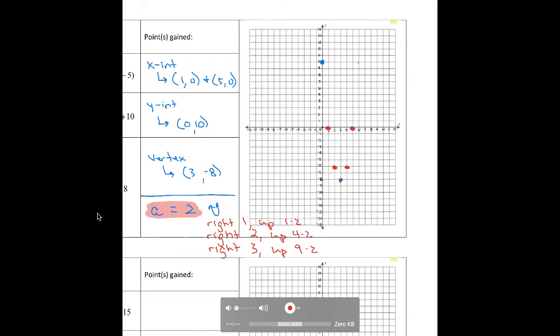And this is one of the reasons why I don't necessarily like this technique. And if I go left 3 and up 18, I'm on my y-intercept. So now I have my complete U shape for my parabola. Okay. Any questions on that one?